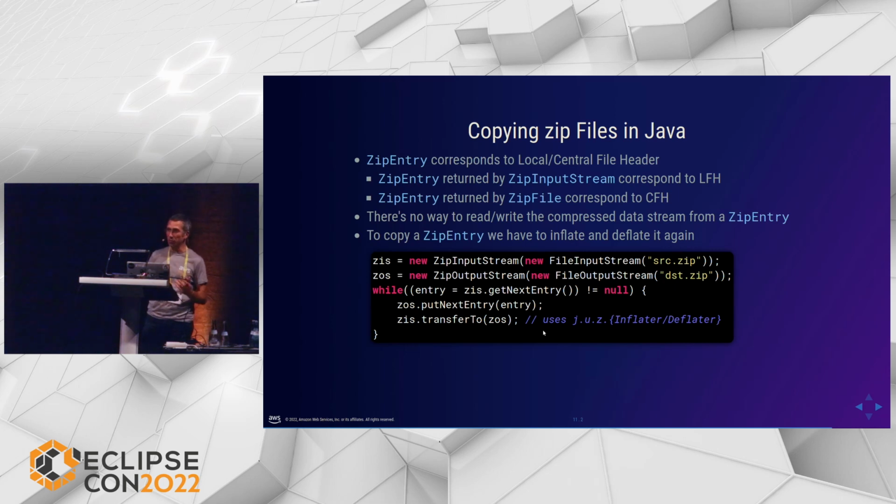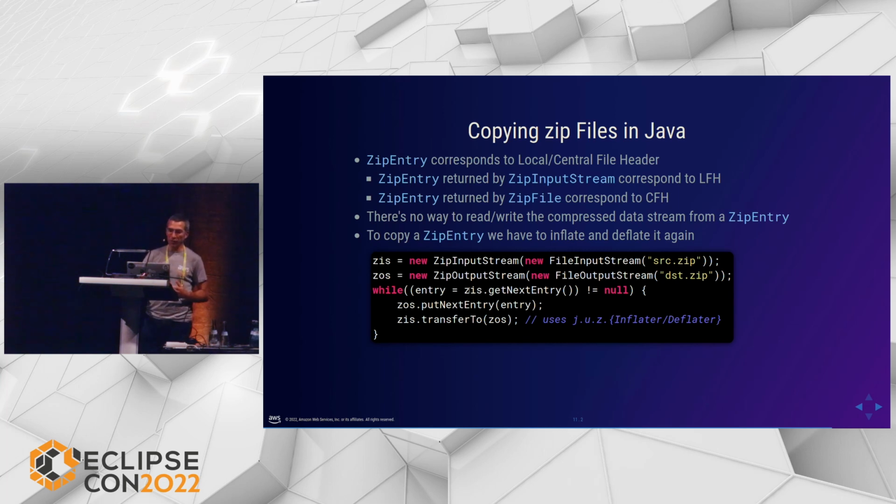This is not only an issue with new zlib implementations, but the problem is if somebody who created the source zip file used a different compression level or used a different implementation of your zlib library, it might have compressed your data with a different compression ratio than your current compressor, which is used by the zip output stream.